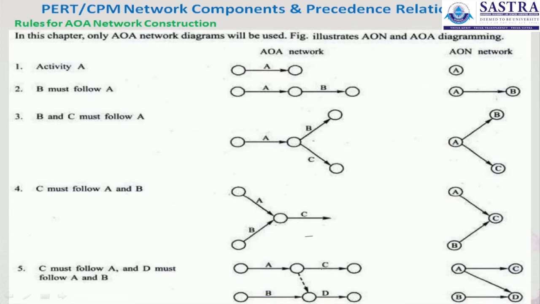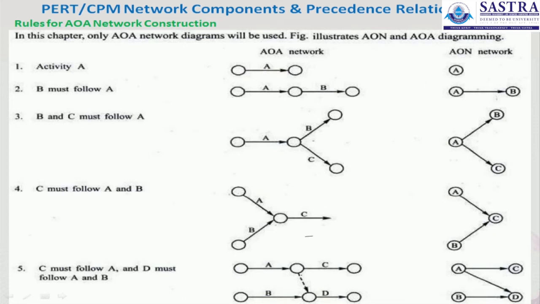C must follow A, and D must follow A and B. But they have mentioned A and B, and we don't have any single activity here. So in this type of case we are going to use a dummy activity, because there are parallel activities.